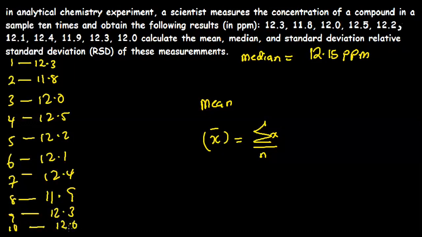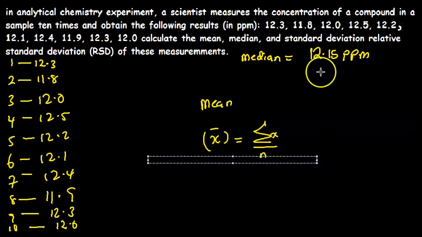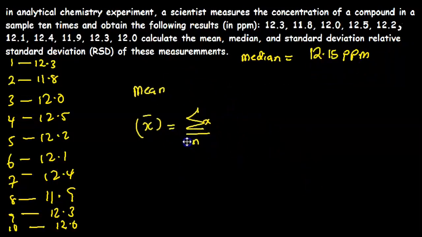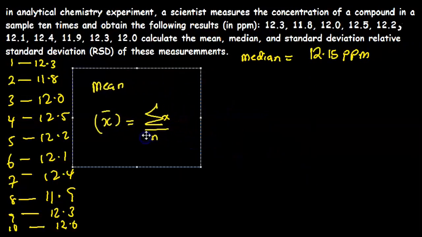When we are asked to arrange this in ascending order to find our median, we have already done that and obtained our median as 12.15. What about our mean? We are going to sum all the observations and divide by the total number, which here is 10.